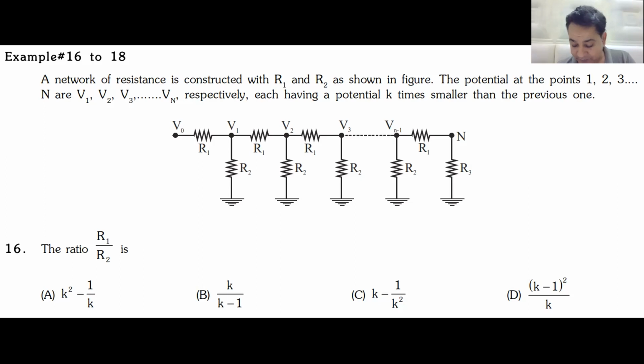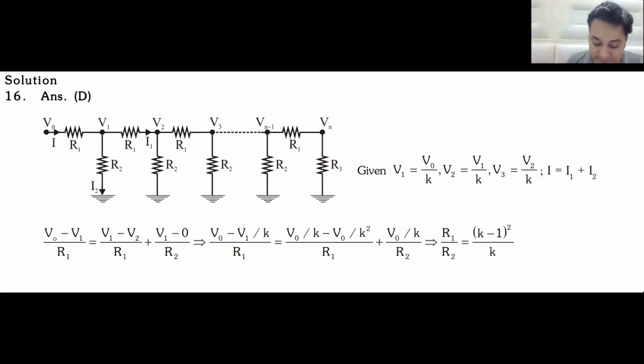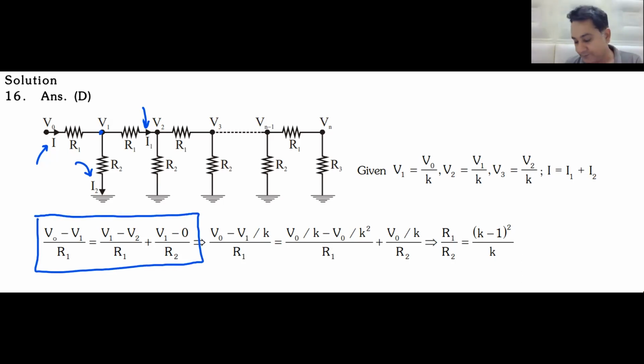Now I'll solve one part and I hope that after this you would be able to do the other ones. See, it's very simple. Do you see this current I? Do you see this current I1? And do you see this current I2? Yes or no? Yes, sir. I will be equal to I1 plus I2.